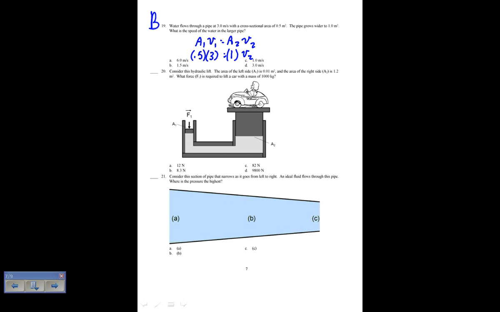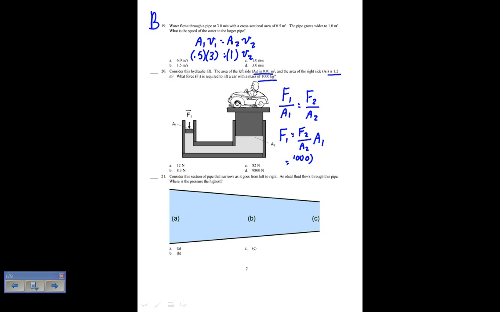Consider this hydraulic lift. What force is required to lift a car with a mass of 1,000 kilograms? Pascal's principle says F1 over A1 equals F2 over A2. Here's A1, there's A2, and the car is 1,000 kilograms, so F2 is 9.8 times 1,000. I want to solve for F1. It's going to be F2 over A2 times A1.